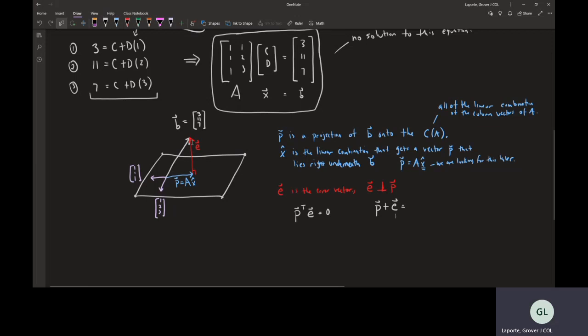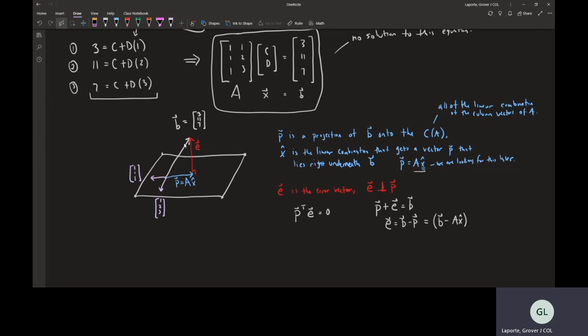So P plus E must equal B. And E is what we're really looking for. So I know that E is equal to B minus P, which is equal to B minus, so what did we say P was? P is equal to AX hat.